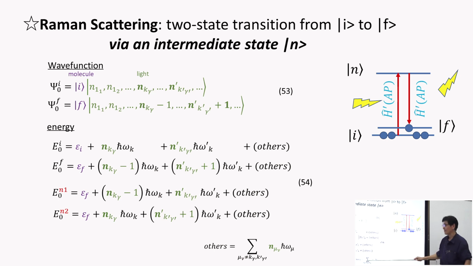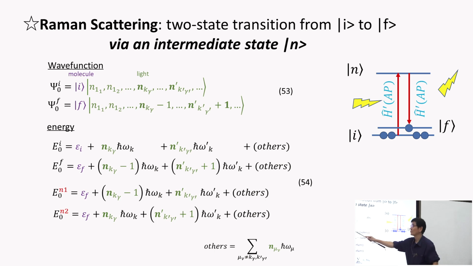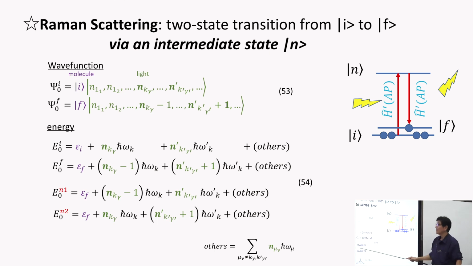So I introduce this function, others: n h bar omega of other components, 1, 1 or 1, 2 or something. So let's focus on the number of photons of k gamma and k prime gamma prime.